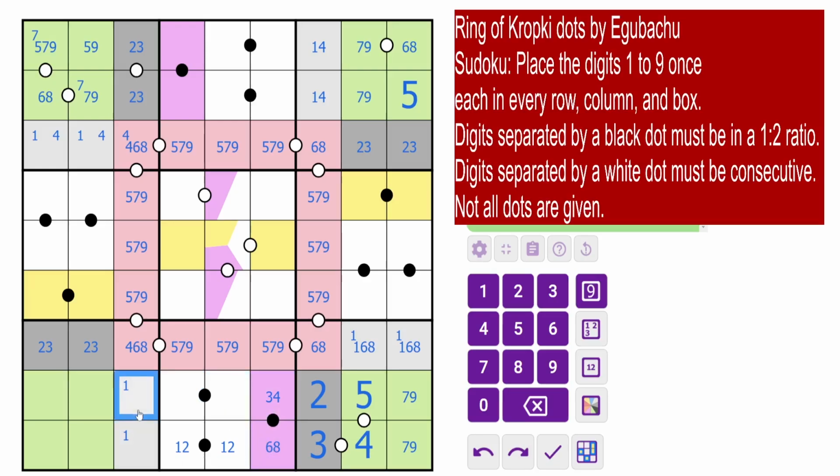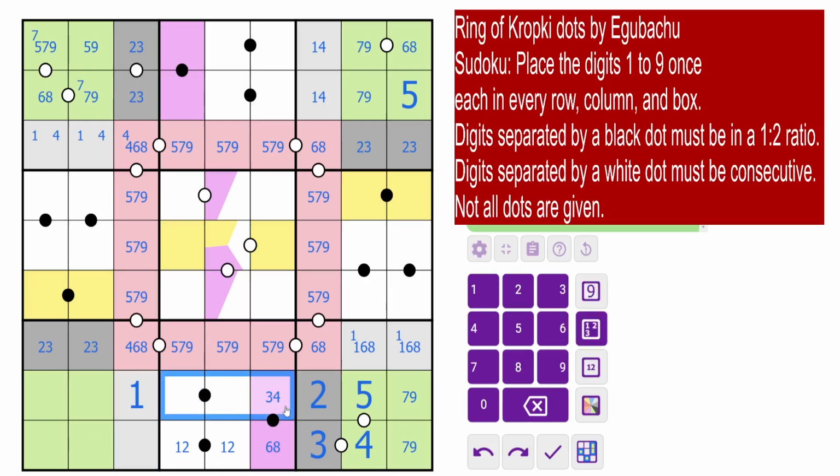Now 1 2 1 2, right? That has to be 1. That can't be 1. 1 2 3. 3 we can say is one of this. Both 3 and 4 are here.